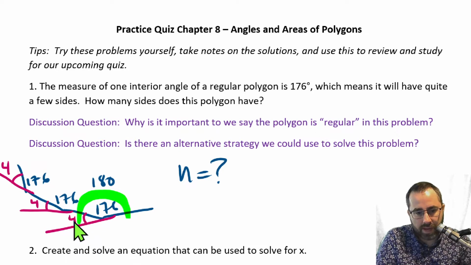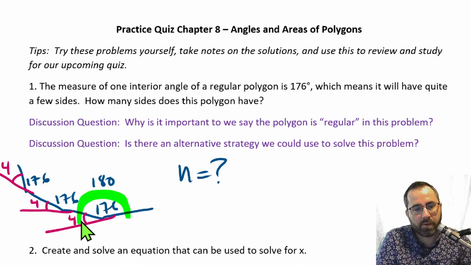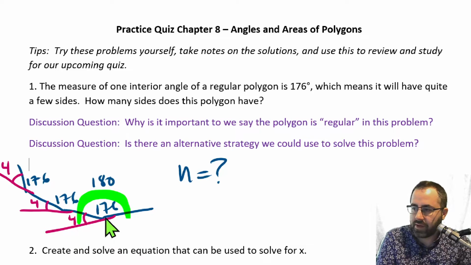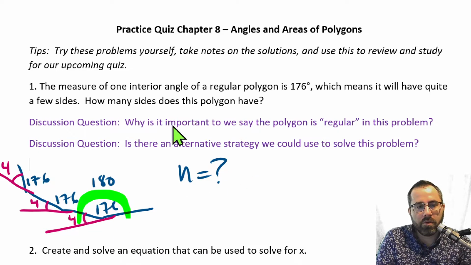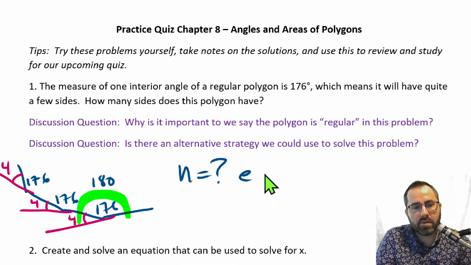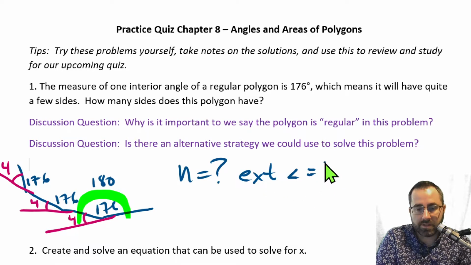So this little red angle, the exterior angle, has to be 4 because 176 subtracted from 180 is 4. Together, the exterior and the interior angles are on a straight line. So what we essentially just know is that each exterior angle is 4.